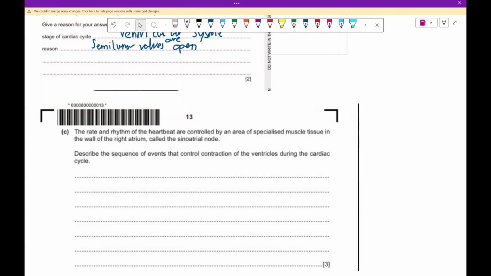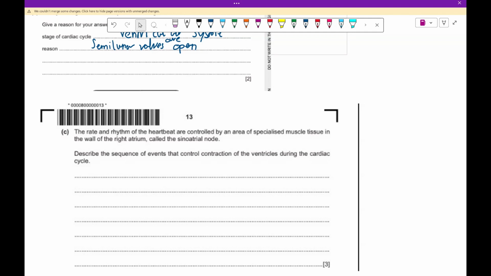Basically, this is simple: the cycle of a heart, how it contracts, why it contracts at specific times. For that you need to know that the sinoatrial node is basically a myogenic muscle, right? So it produces electrical impulses which lead to the atrioventricular node, which is in the septum, and over there is a short delay, around 0.1 second.